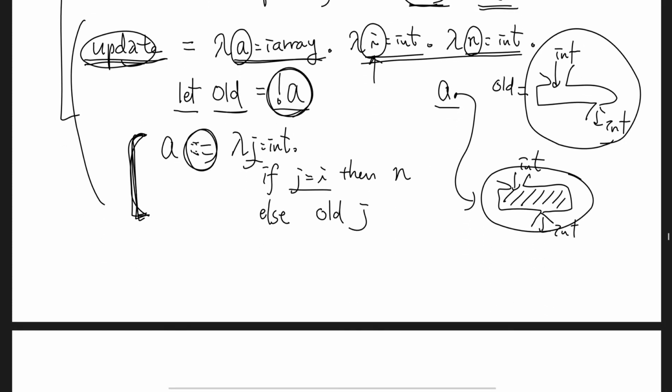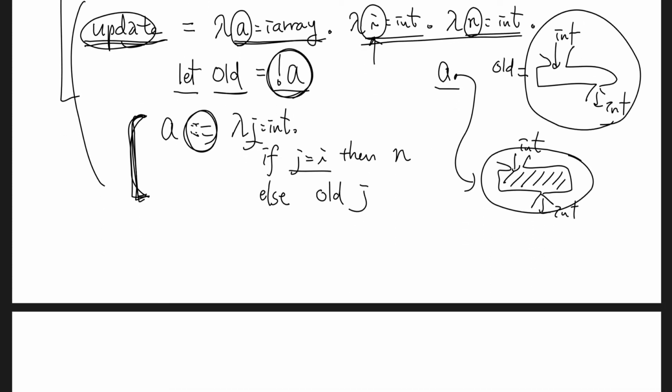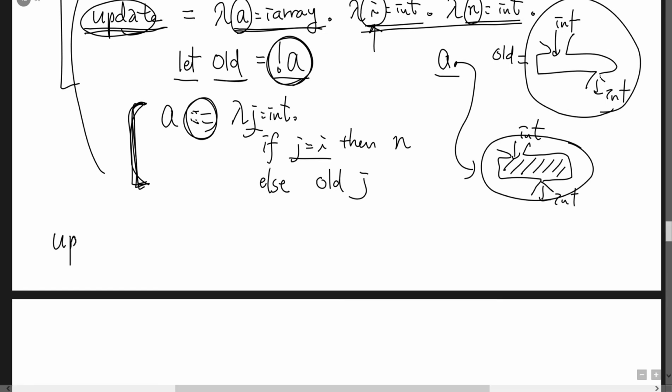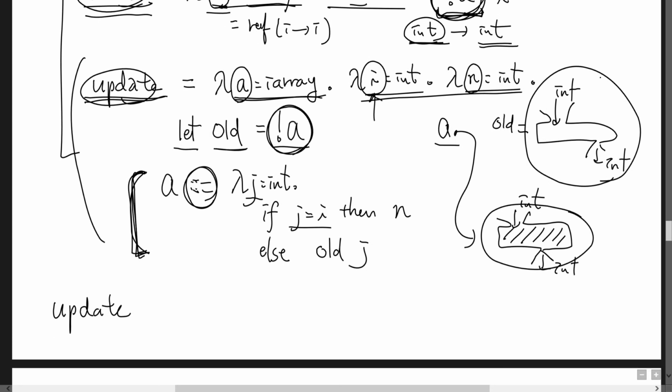The wrong answer for this update is something like this. Update is lambda a integer array, give me an index I and give me new value.